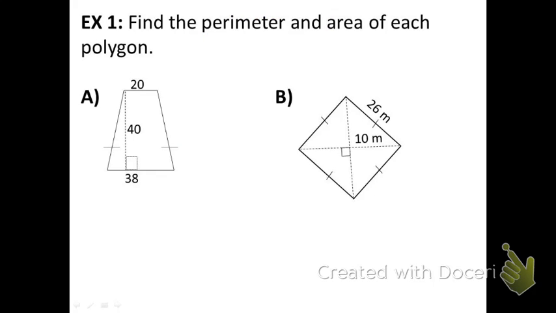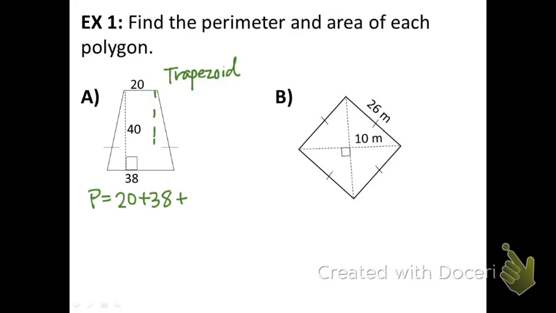Okay, so example 1, find the perimeter and area of each polygon. The first thing you want to do is identify the polygon. This first one here is a trapezoid. And we're going to find the area and the perimeter. The perimeter, all we do is add up all the sides. So we can see we have the 2 bases, but we are missing the legs. So we're going to use what we know from this.